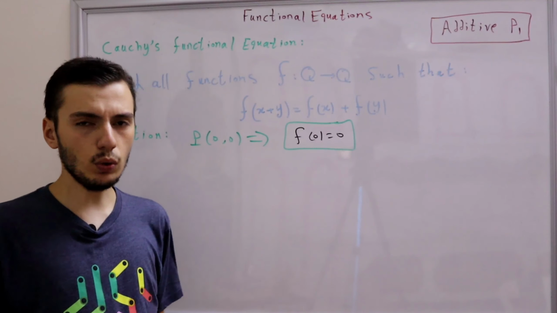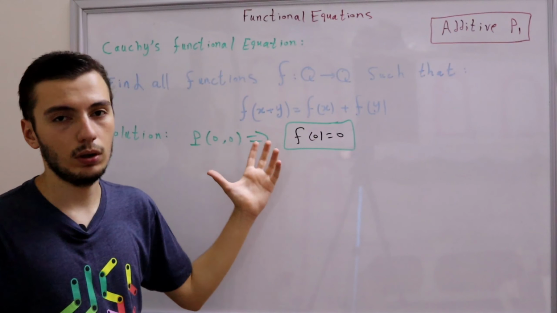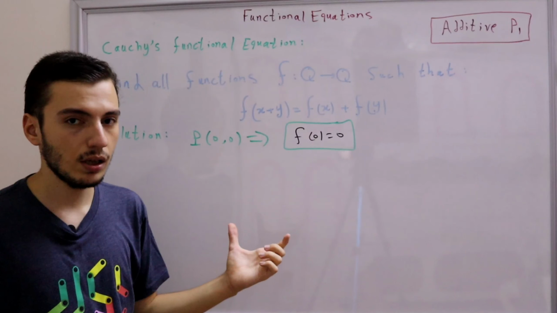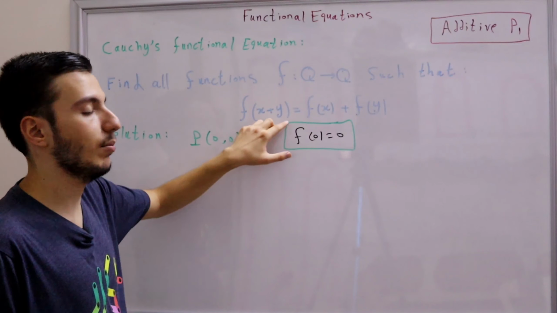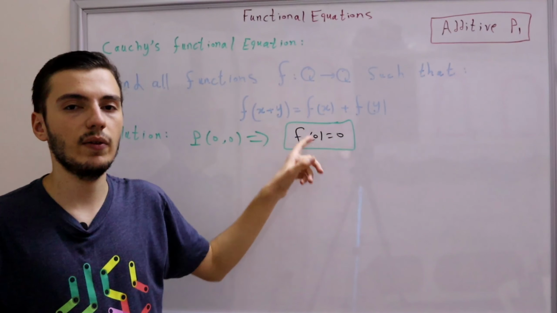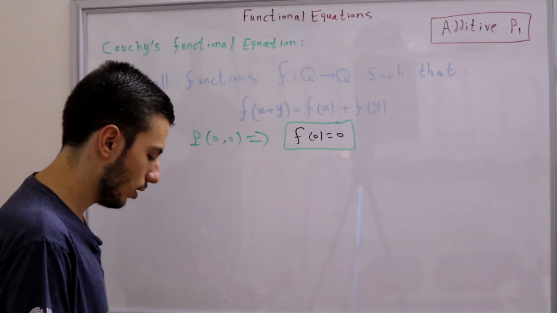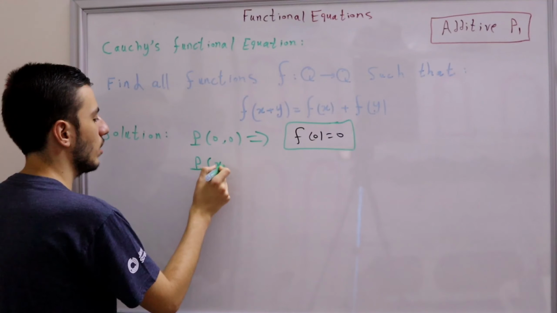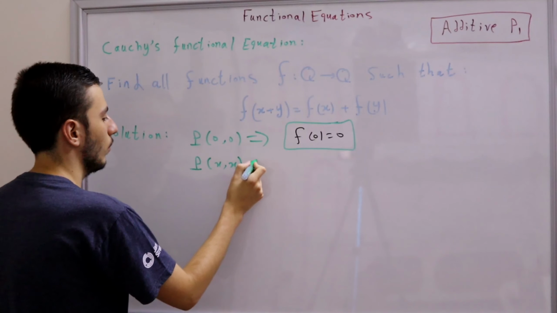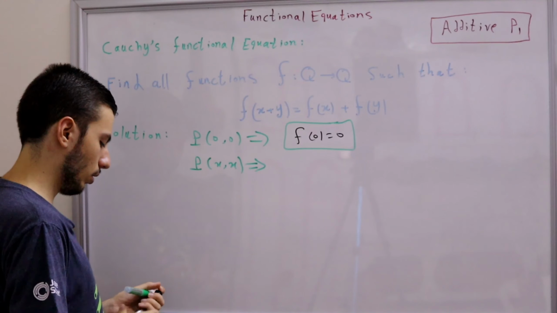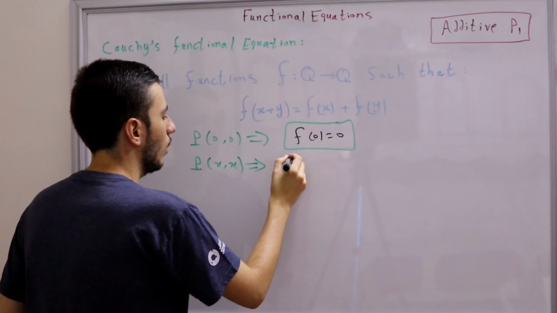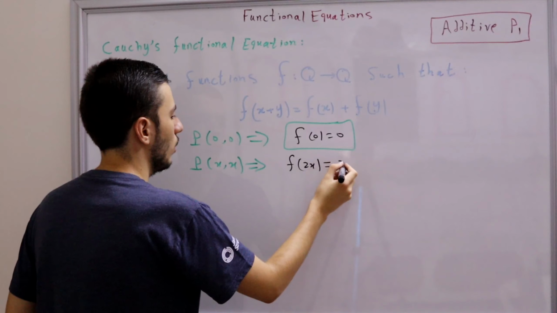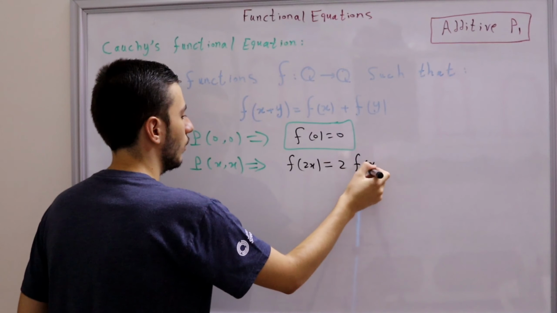Well, if we substitute x the same value as y, that is P(x, x), we're going to get f of 2 times x is equal to 2 times f of x, right? So actually, let's do this. P(x, x) results in f of 2 times x is equal to 2 times f of x.